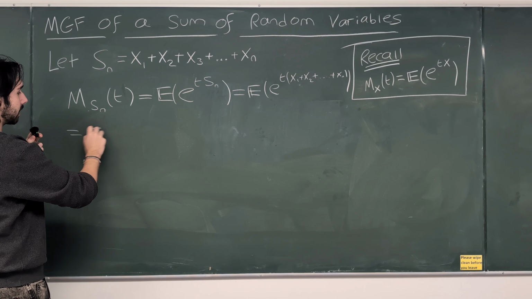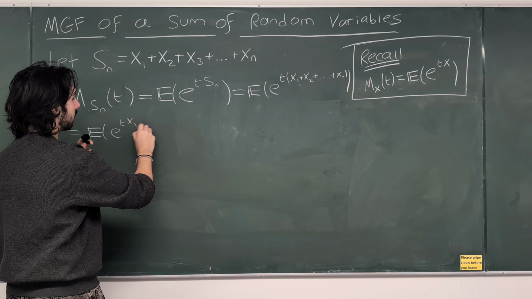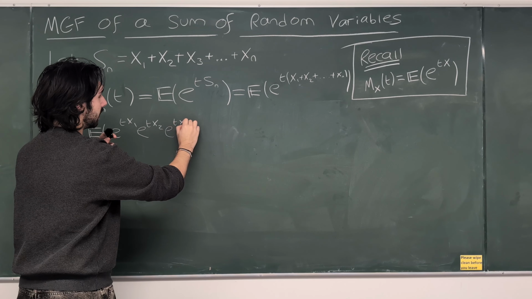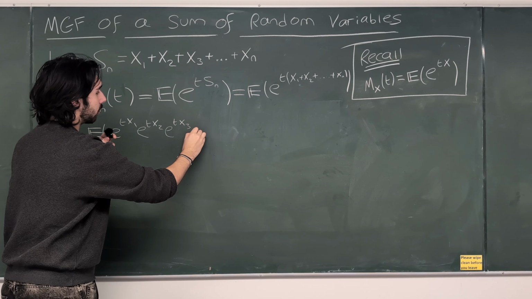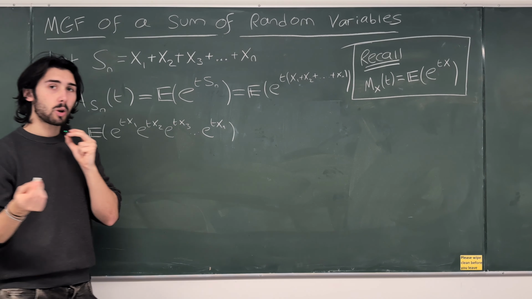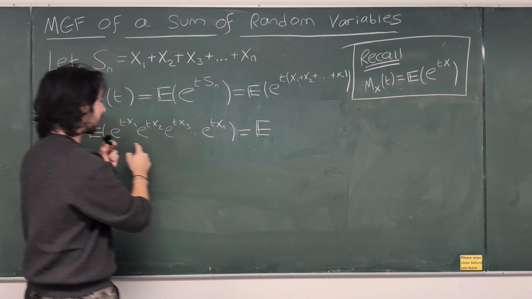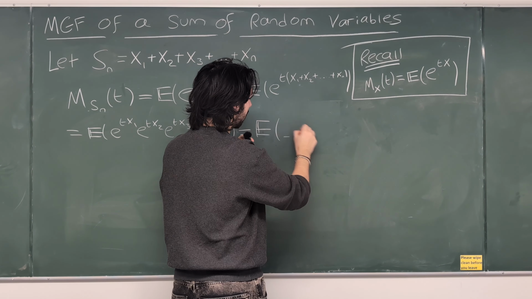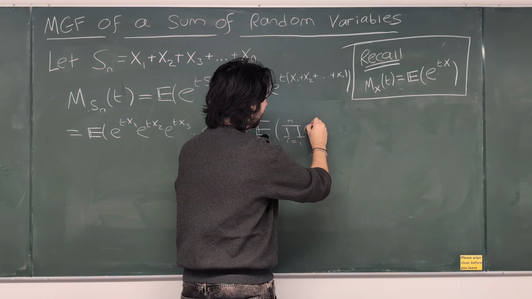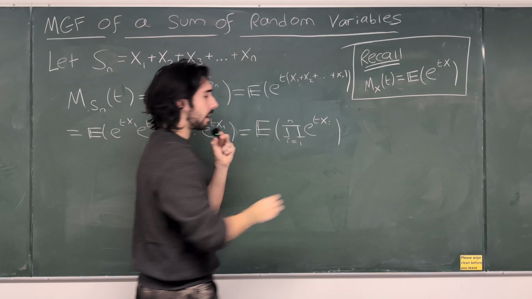So this is the expectation of e to the power of tx1 multiplied by e to the power of tx2 multiplied by e to the power of tx3 ... times e to the power of txn. Now I'm going to write this using product notation. So this is the expectation of the product from i equals 1 to n of e to the power of t times xi. I just think that's a nicer way of writing it.